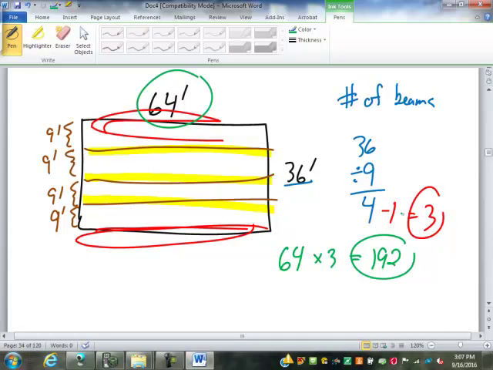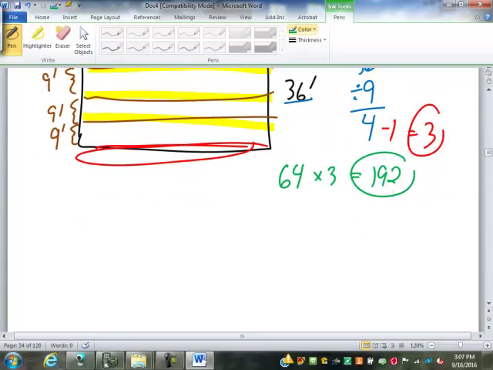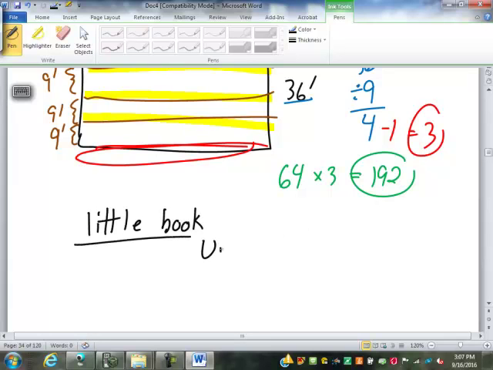Any questions? Okay. Some pages of homework. In the little book, we have units 11, 12, 13, and 14.